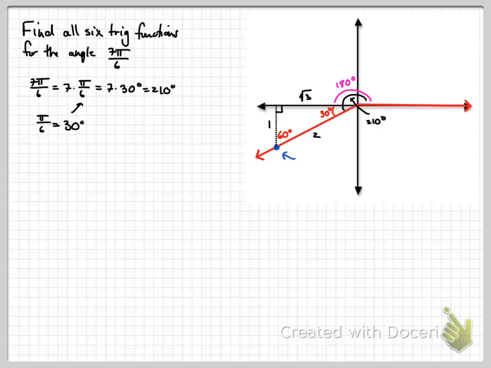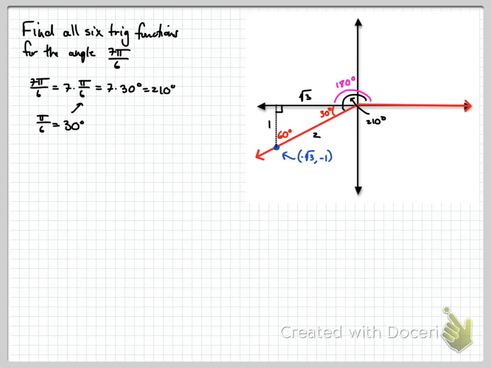And once we do that, we know exactly what the coordinates are for this point right here. That x coordinate is going to be negative root 3, because it is to the left of the y-axis. And this length is root 3, so we've got the ordered pair negative root 3, comma, negative 1. So both our x coordinate and our y coordinate happen to be negative here.